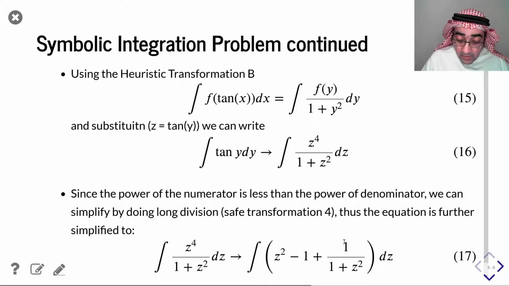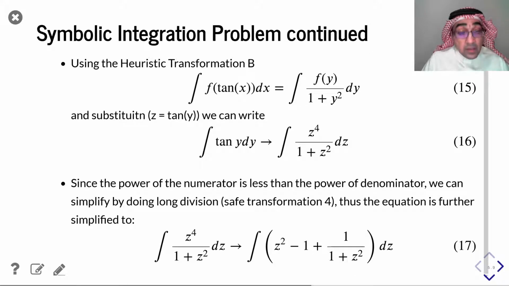Now notice over here, I could not get rid of this part, which is still a fraction part in my equation. But again, this is much simpler than this. And is there any safe transform that we can apply over here? Yes, this is the integration of sum of terms. So we have one term here, another term here, and another third term here.